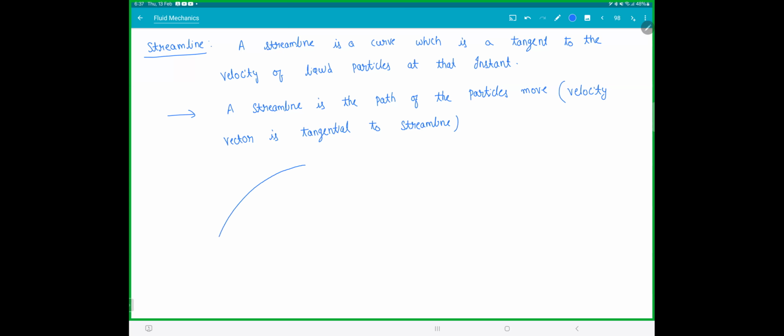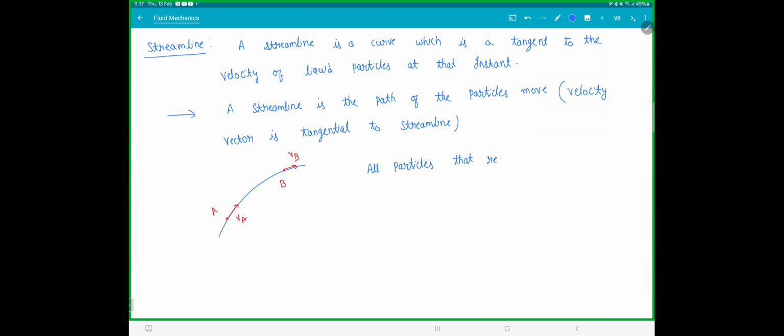So if you draw a streamline, remember in heat transfer, we did this thing, steady state. Any particle that comes to point A will have velocity VA. Any particle that comes to point B will have velocity VB. So the path followed by the particle is called a streamline. Here velocity is constant with position but can change with time. So on a streamline, whenever you come to a certain point, the velocity is fixed with position.